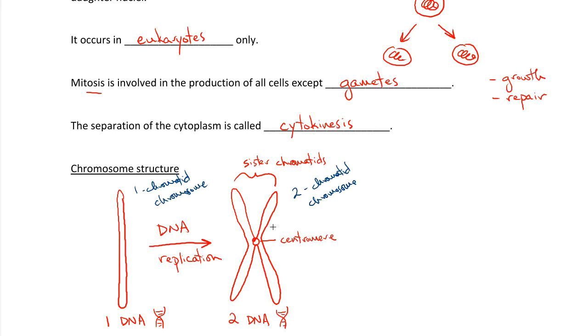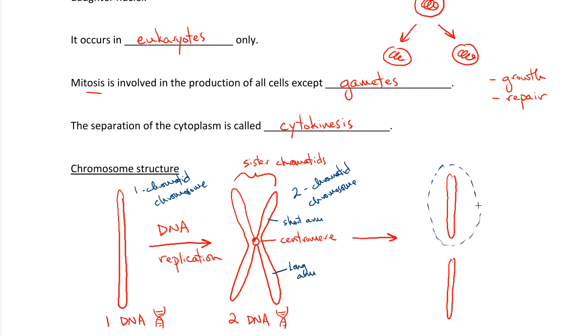Now, just a few more terms. This part here, this could be called the long arm of the chromosome, the way I've drawn it, and this would be the short arm. Just visually, one is longer than the other. And again, these are sister chromatids. Now, in mitosis, this is going to separate out, and not drawn to scale, we're going to end up with the two sister chromatids separating out into different nuclei.